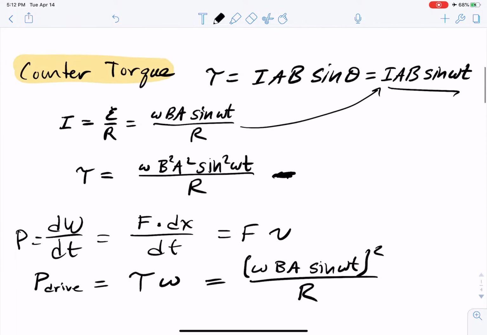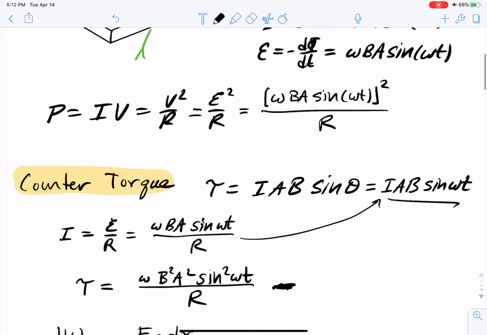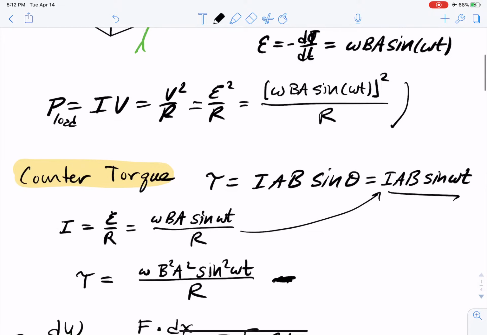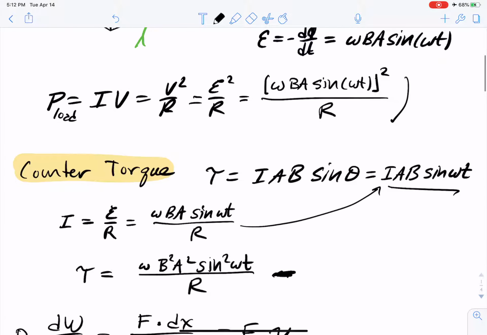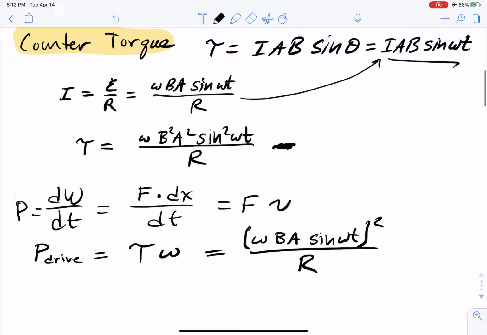But lo and behold, that's exactly what we got up here for the power delivered to the load. So our electrical load gets an amount of power that's exactly equal to the amount of mechanical energy used to drive the crank.